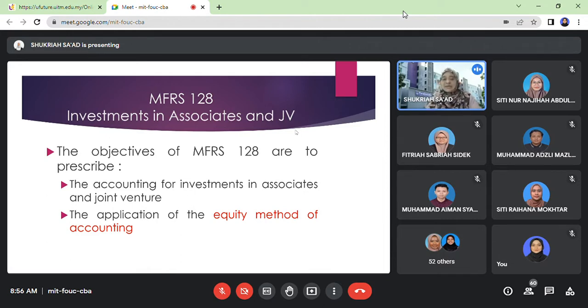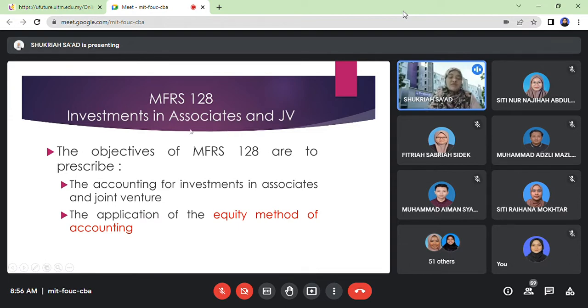If it meets the criteria to be classified as a joint venture, it will be subject to MFRS 128 in terms of accounting treatment. So the joint venture treatment is actually similar to the associate.